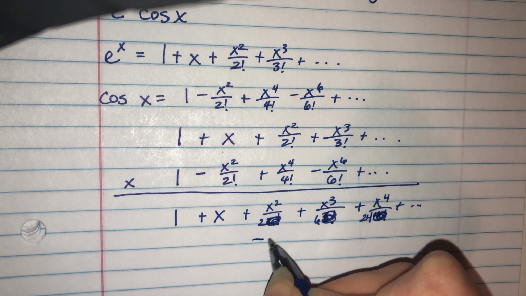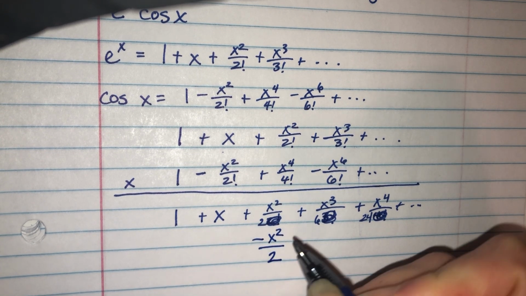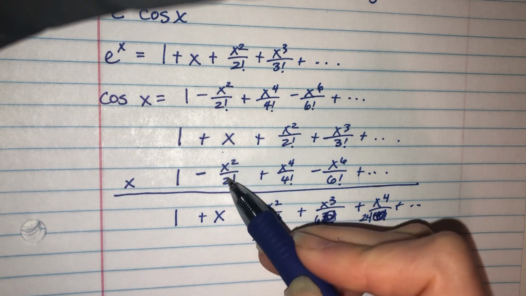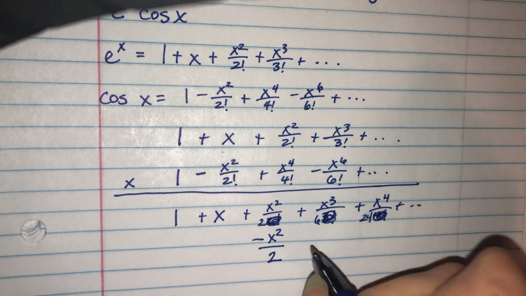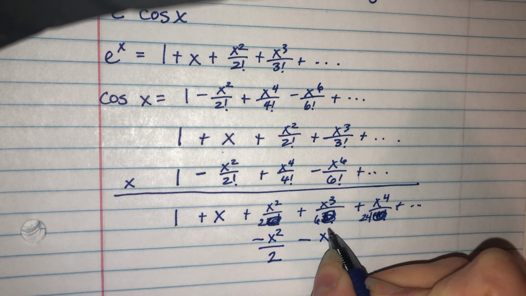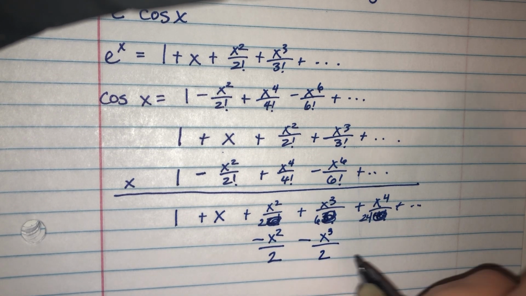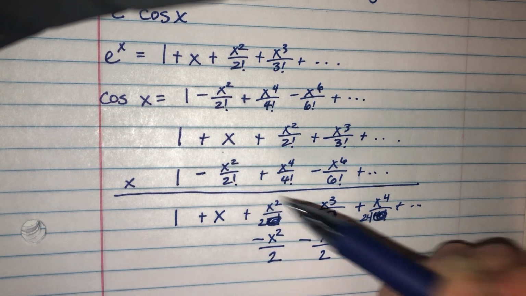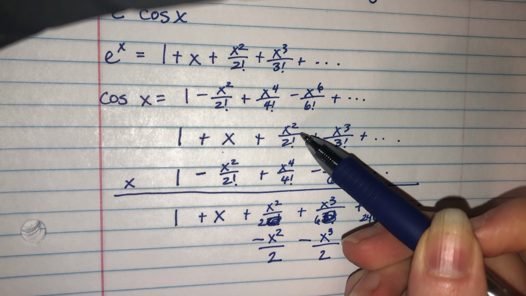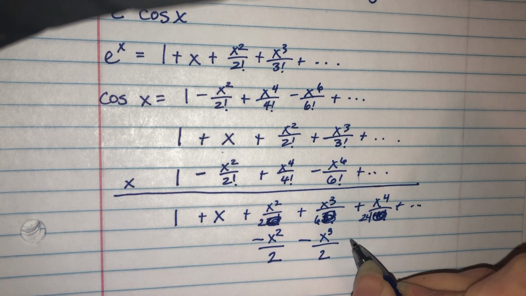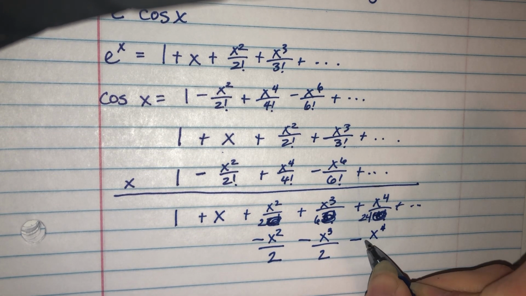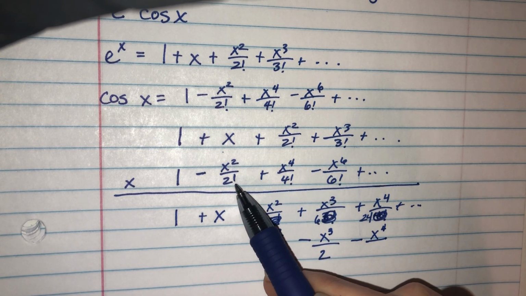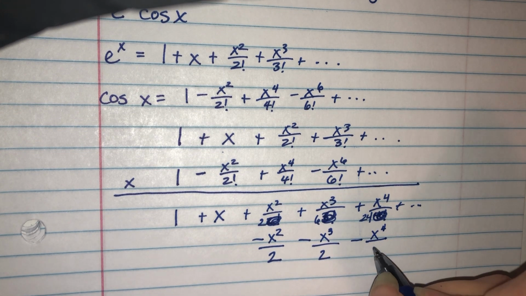So I'm going to have negative x squared over 2. And then I'm going to multiply this negative x squared over 2 factorial times the x. So that's going to give me negative x cubed over 2. And then I'm going to multiply negative x squared over 2 factorial times x squared over 2 factorial. So that's going to give me negative x to the 4th over, I have 2 factorial times 2 factorial, so that's 2 times 2, so that's 4.